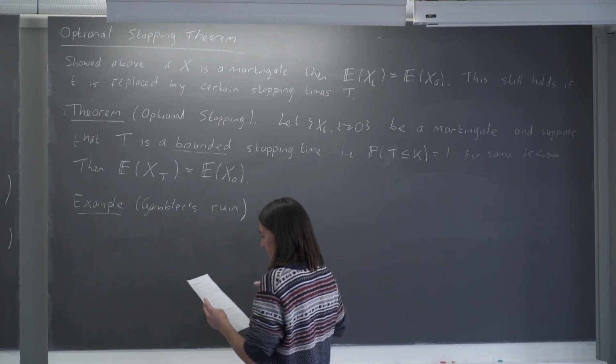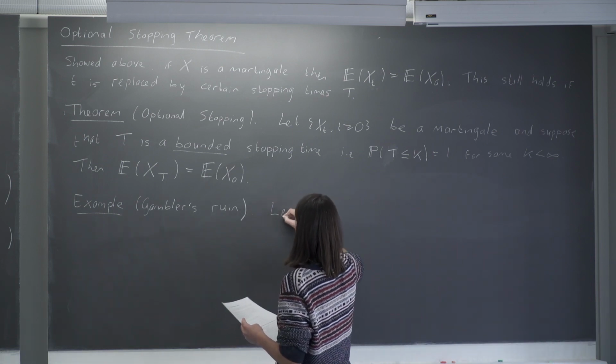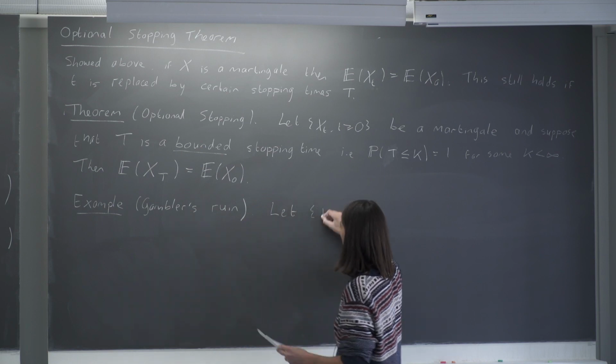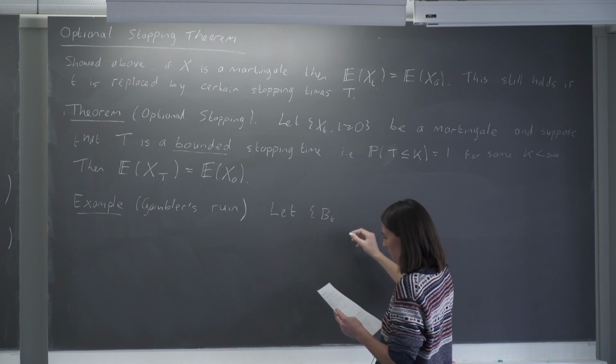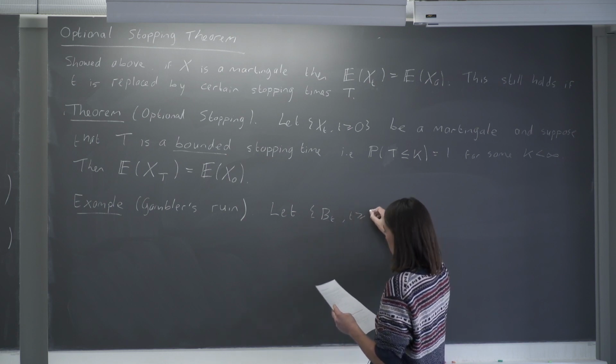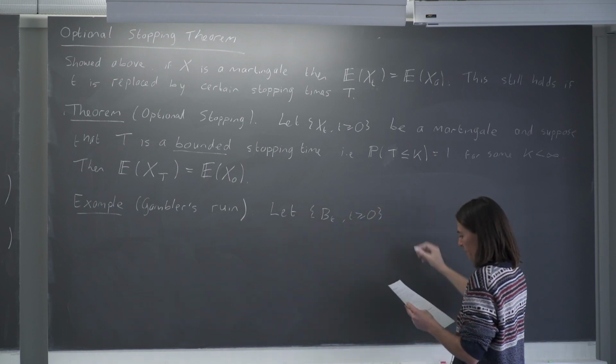Okay, so let B_t be a Brownian motion. So suppose our winnings and losses are given according to a Brownian motion.